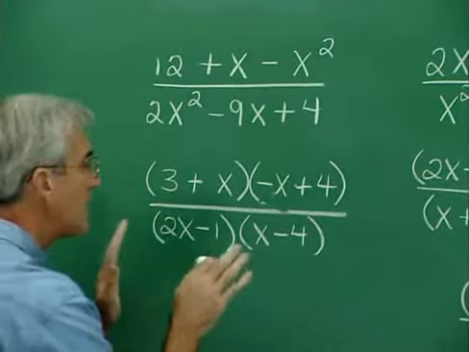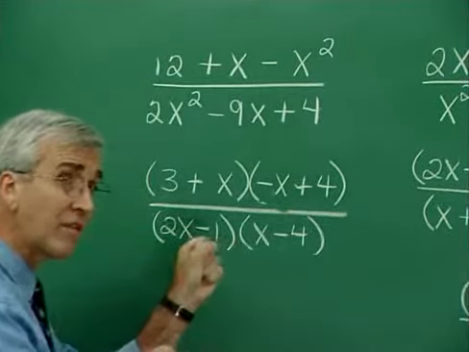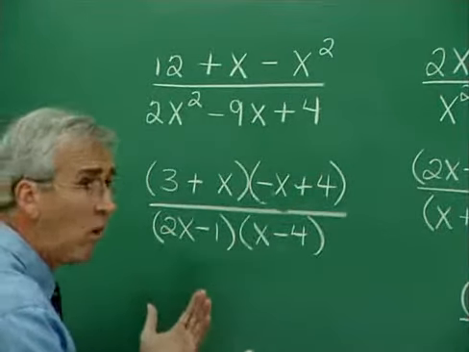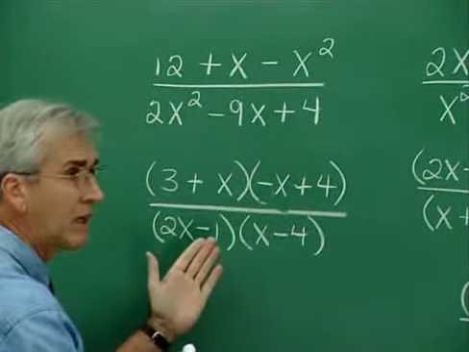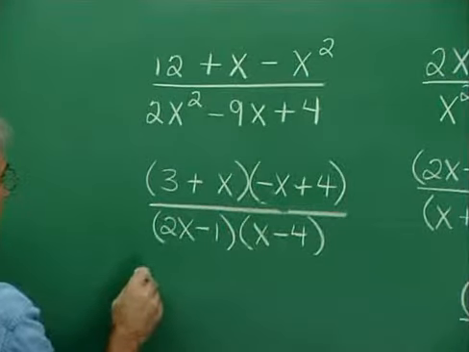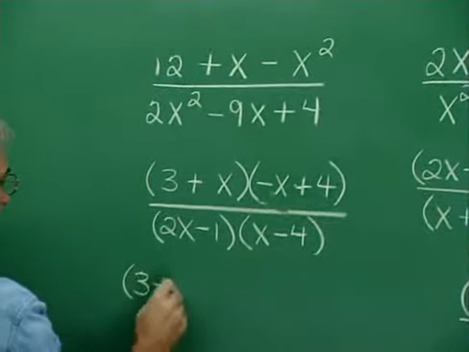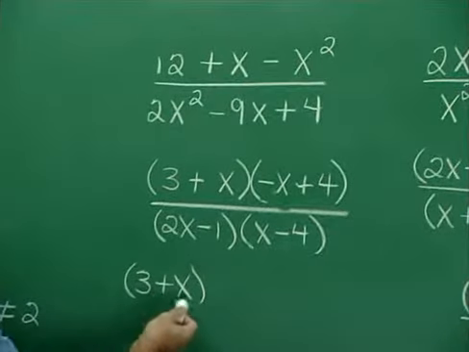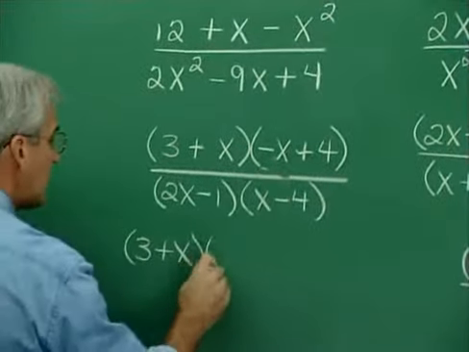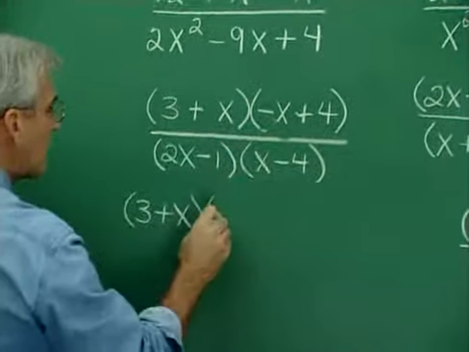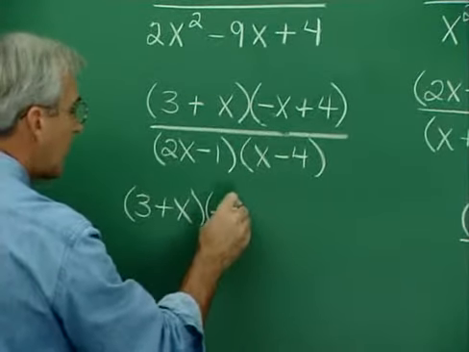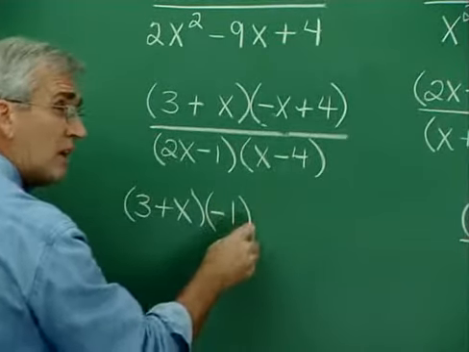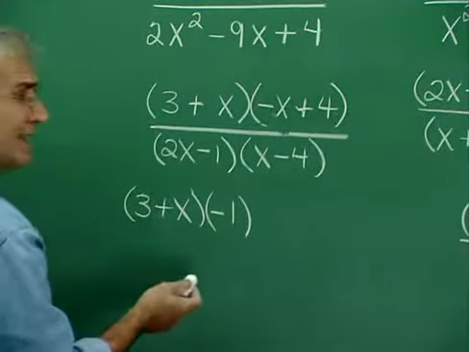Now, I can accomplish that sign change by forcing the factorization of negative 1 in either numerator or denominator. That is, I can take this numerator. By the way, I could write this as x plus 3 instead of 3 plus x. It really doesn't matter. But I'm going to force the factorization of a negative sign. And really, I'm taking out negative 1. You see, I'll write it like that.